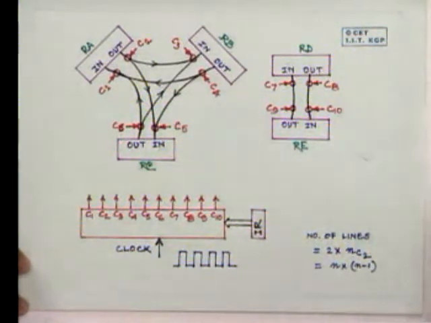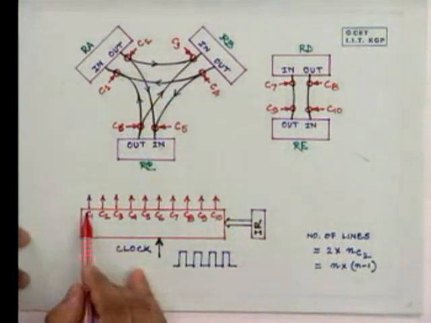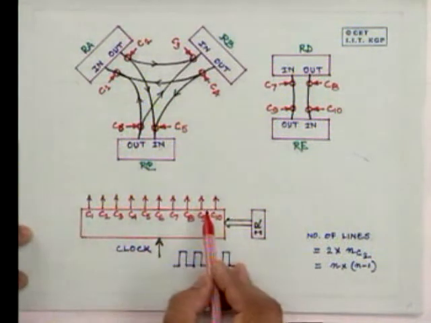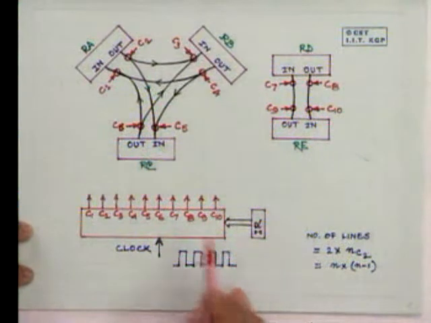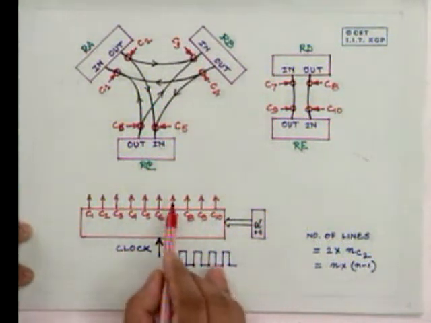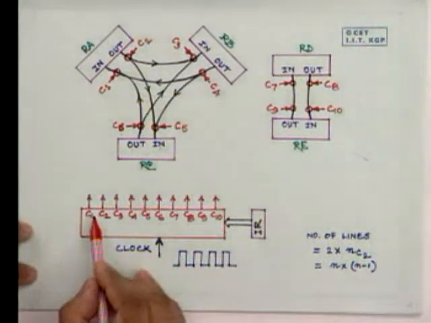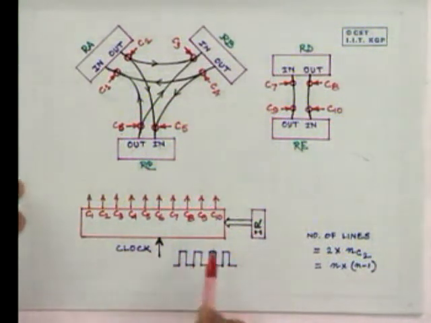You see that this is our control unit. It has C1 to C10, the control lines. It has an input clock. The output C1 to C10 is activated in terms of the clock pulses. For example, when the clock pulse is high, then these control signals are activated.